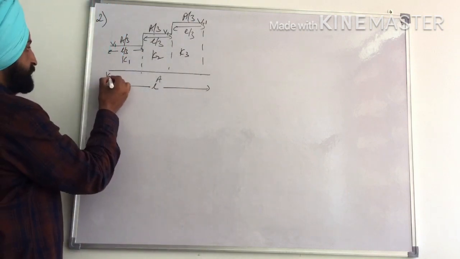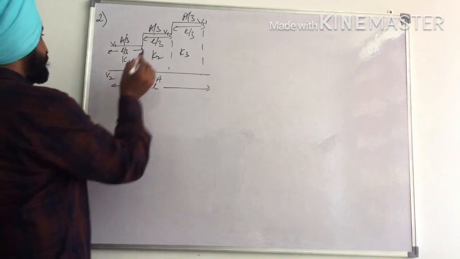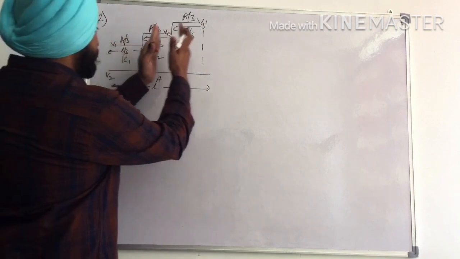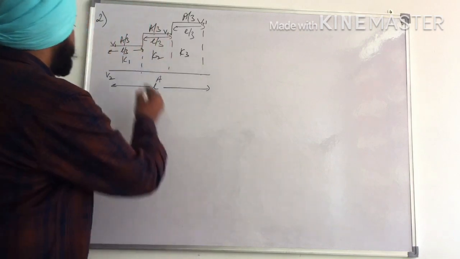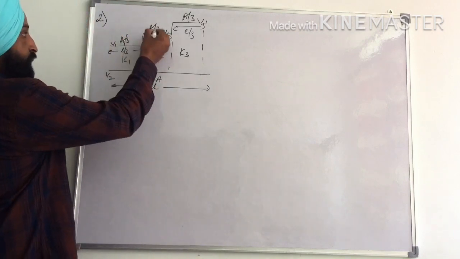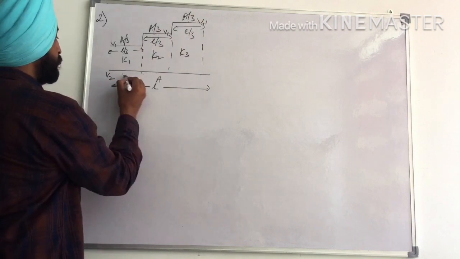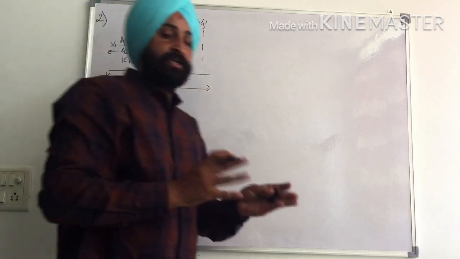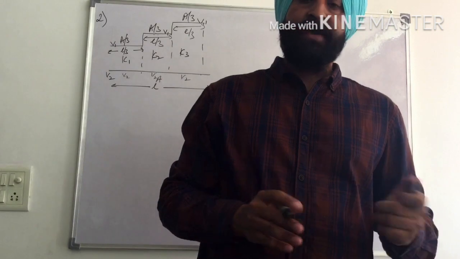And if this plate is at potential V2, then we can clearly see that this entire system will behave as three separate capacitors connected in what? See, V1 connected to V1, V1 connected to V1, V2, V2, V2. So all V1s are connected together and all V2s are connected together. So these are in parallel.